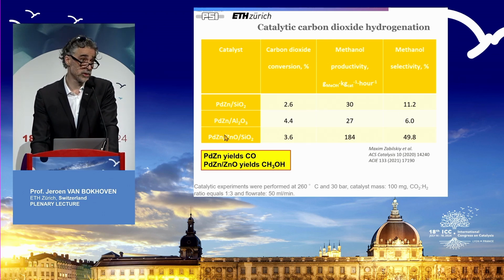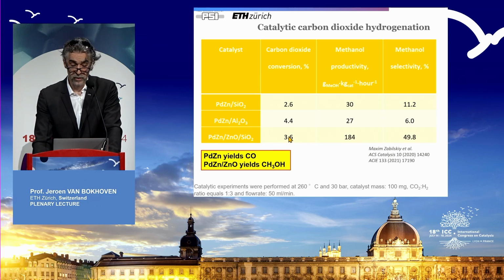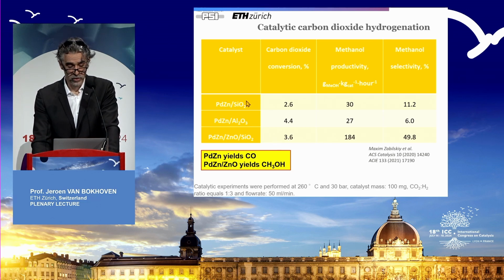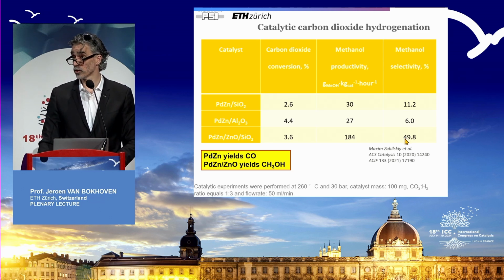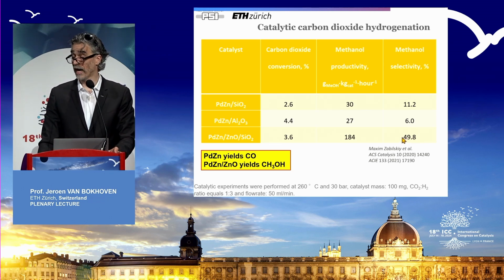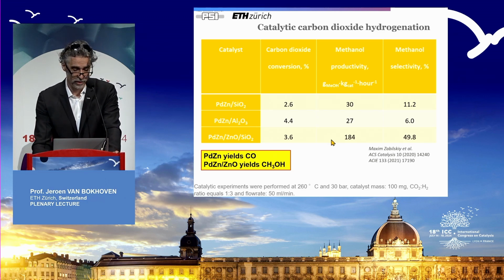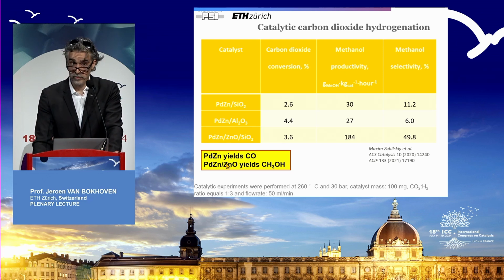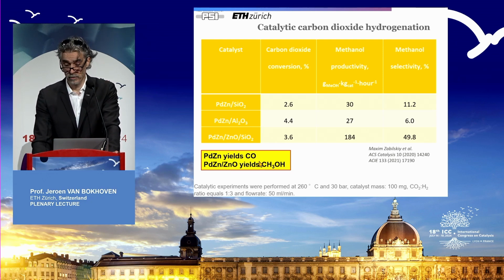Only in the presence of added zinc oxide does the activity of the silica system go up a little bit, but definitely the selectivity goes up way, way more. So the system is really only active and selective in the presence of zinc oxide. Palladium zinc itself yields carbon monoxide, and palladium zinc in the presence of zinc oxide is yielding methanol.